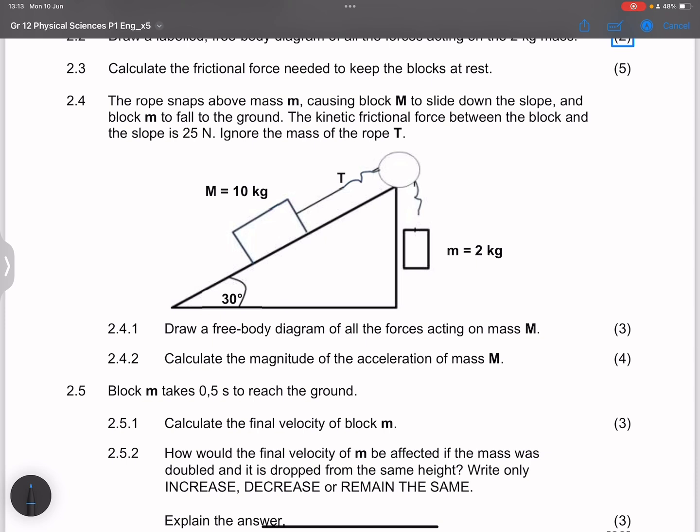So now they are telling us that we've got a frictional force value between the block and the slope, that's 25 newtons, and we must ignore the mass of the rope. Now they say draw a free body diagram of all forces acting on big M.